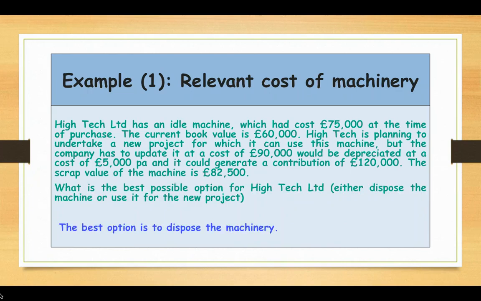If you compare both cash flows, the scrap value is 82,500 and the net cash flow from using the machine in this new contract is 30,000. So the best option is to dispose of the machinery for £82,500.